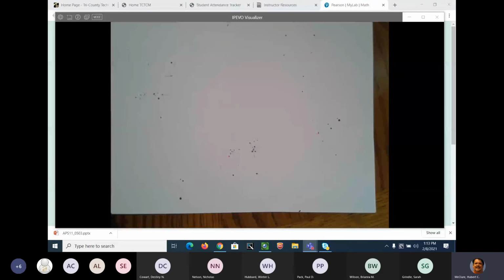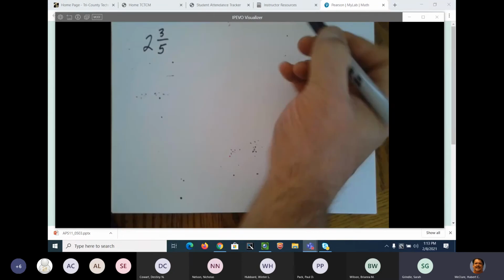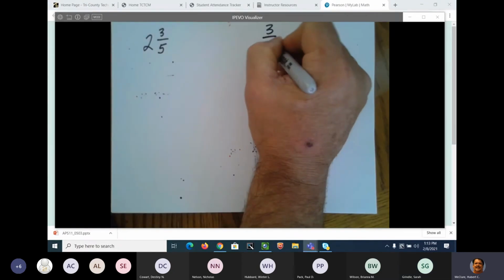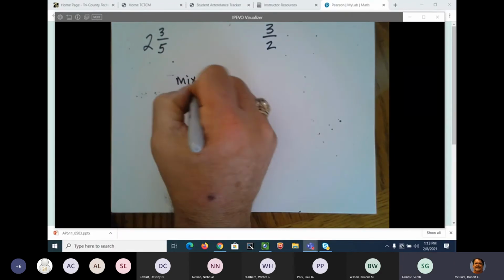Now there's only one other thing, or two other things I need to cover, and that is mixed numbers. Make sure you know how to do a mixed number. 2 3/5, and change 3/2 into a mixed number. Now, a mixed number is only used for one thing. Does anybody know?